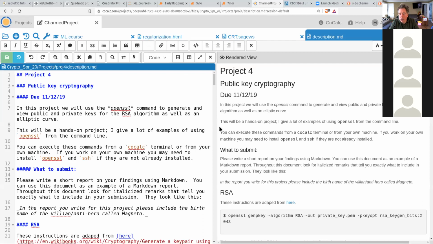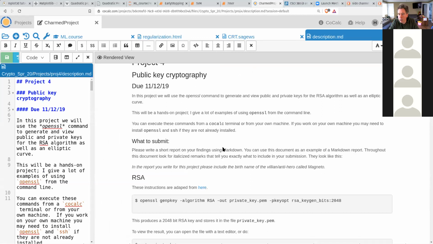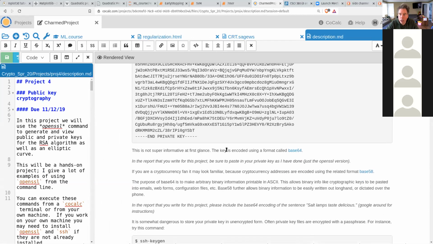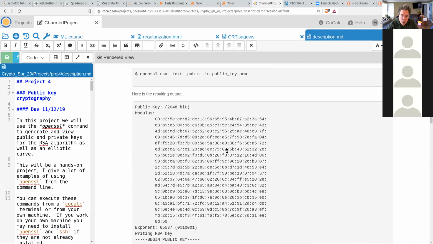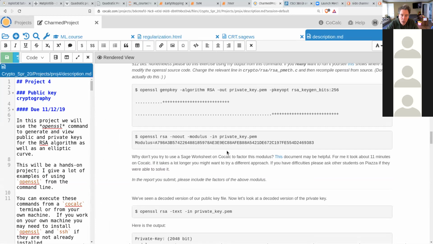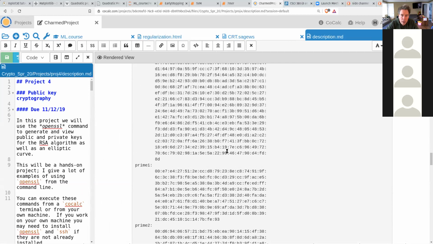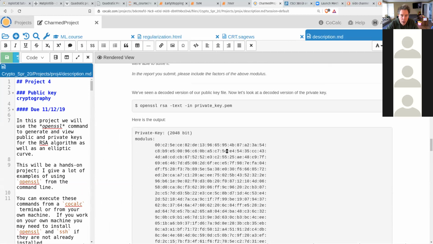In this project, you're supposed to look at some RSA exponents that are generated by the OpenSSL library. So I just want to skip down to this part where you get to see an RSA key. This is an RSA private key for 2048 bits.